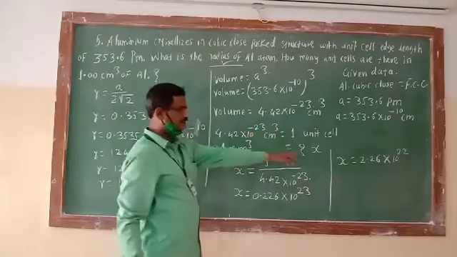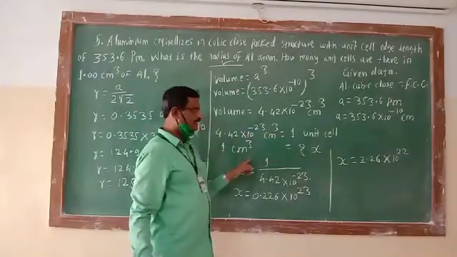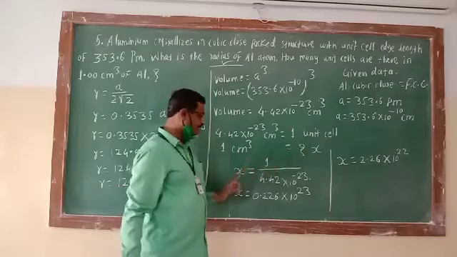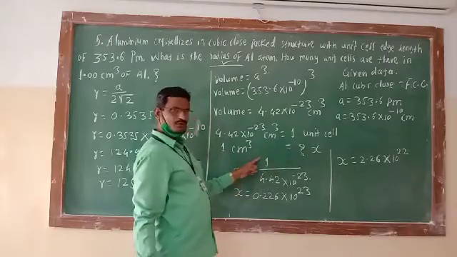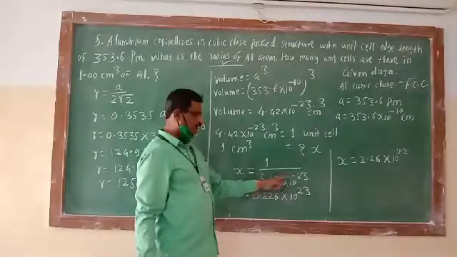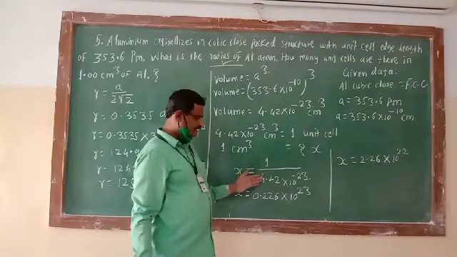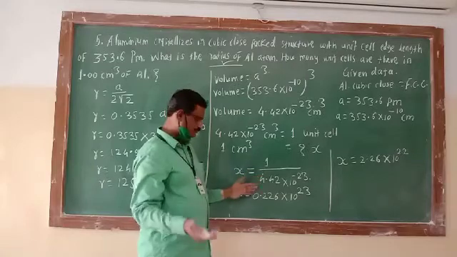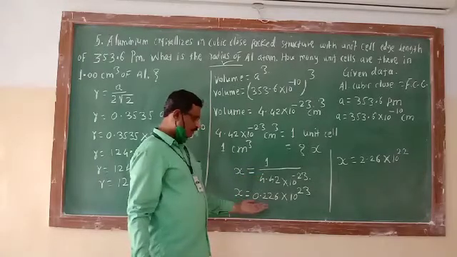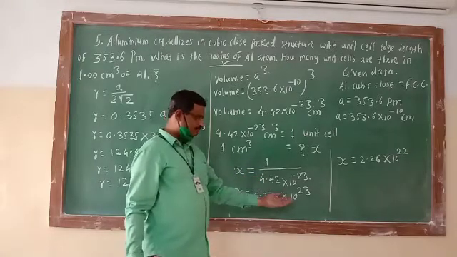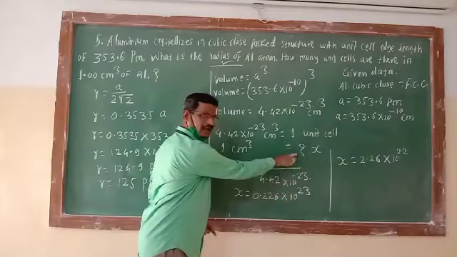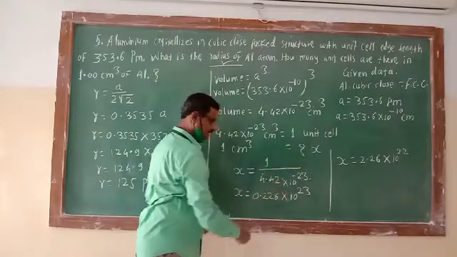X unit cells. Doing the cross multiplication, x can be calculated as x is equal to 1 upon 4.42 into 10 raised to minus 23. Take log of numerator minus denominator and then antilog. We will get this answer, 0.226. 10 raised to minus 23 at the denominator becomes 10 raised to plus 23.